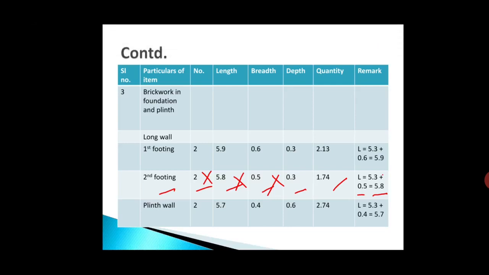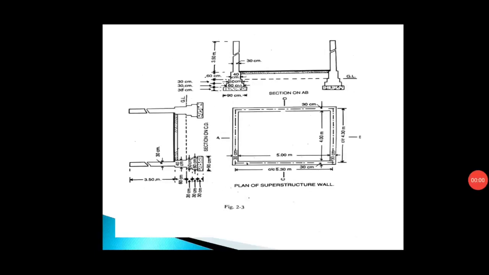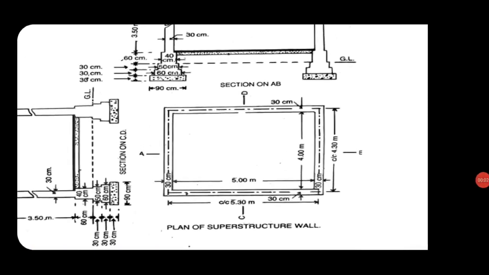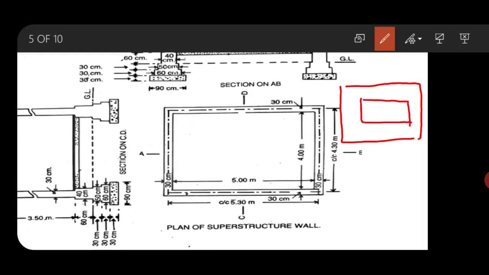Then we will move to third item, that is plinth wall. So for plinth wall, if we draw the plan at the level of plinth wall, this thickness will be 40 centimeter on all the sides.